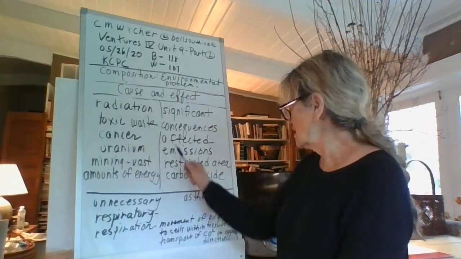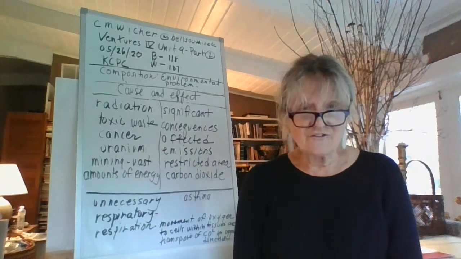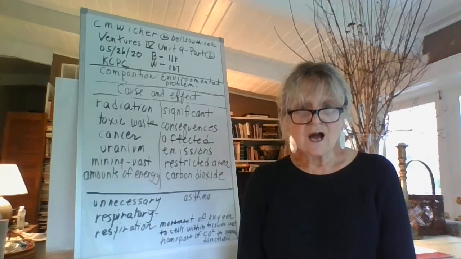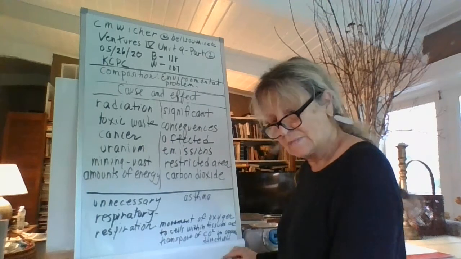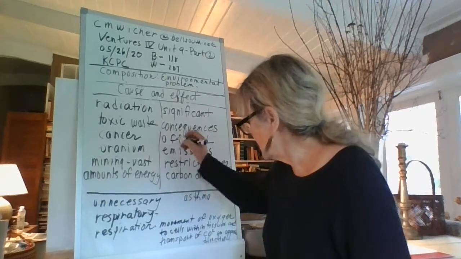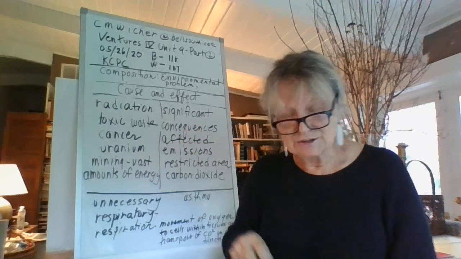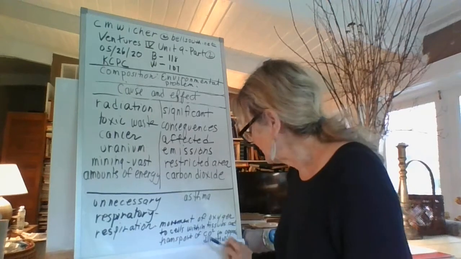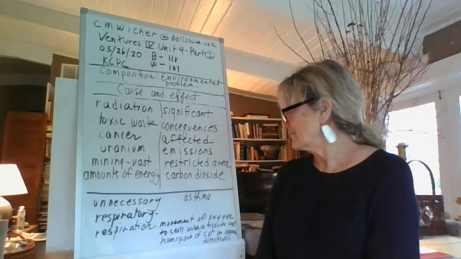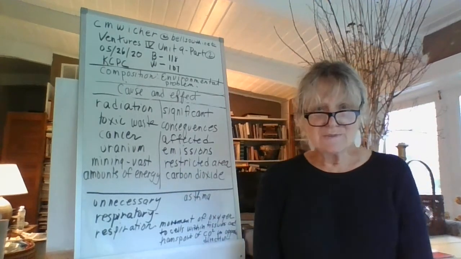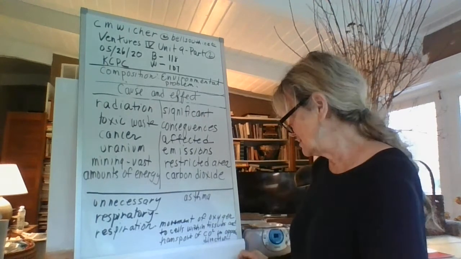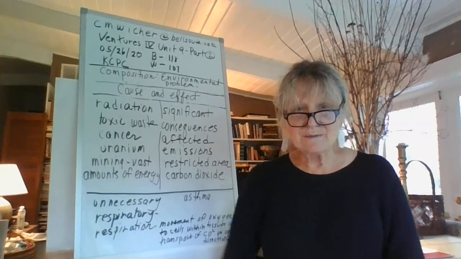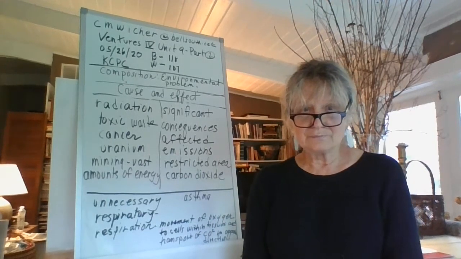The next one, affected. A-F-F, affected. I guess I need to make that A a little more A-like. The next one, emissions. What is it? Emissions. So what word does emission come from?